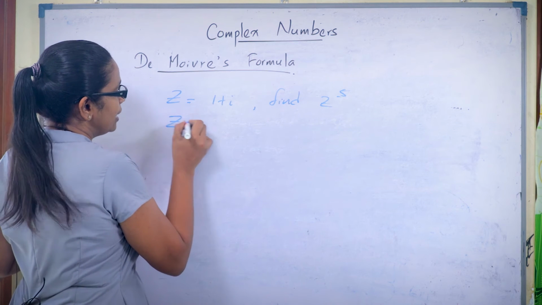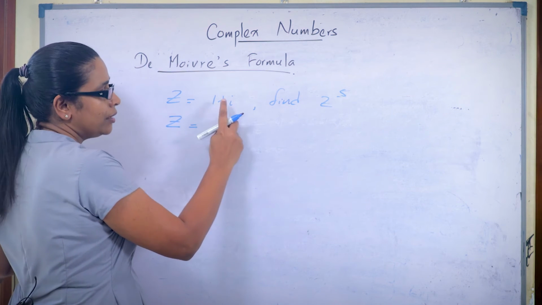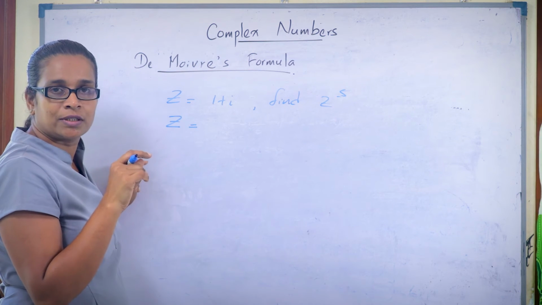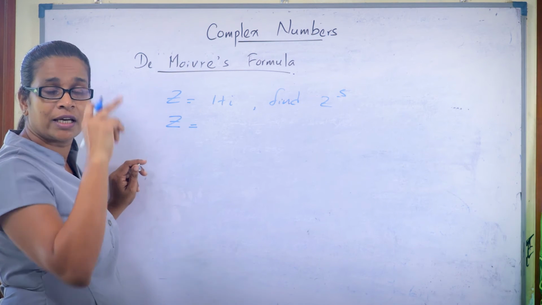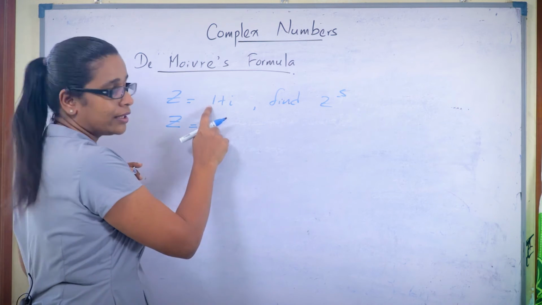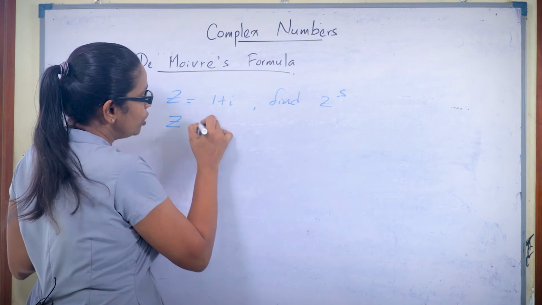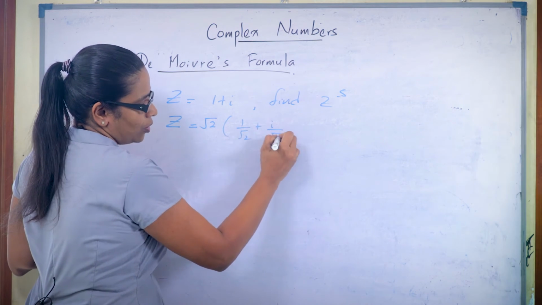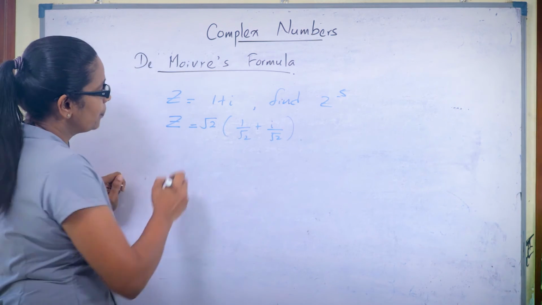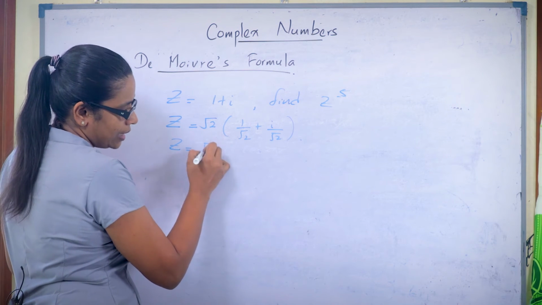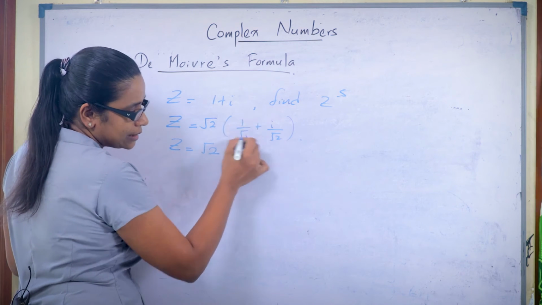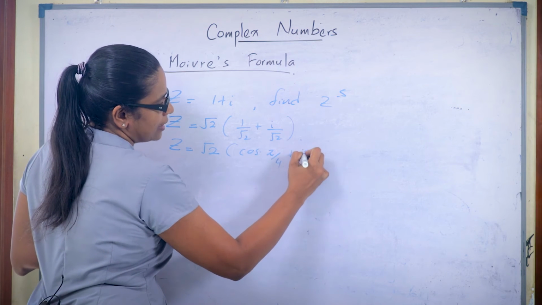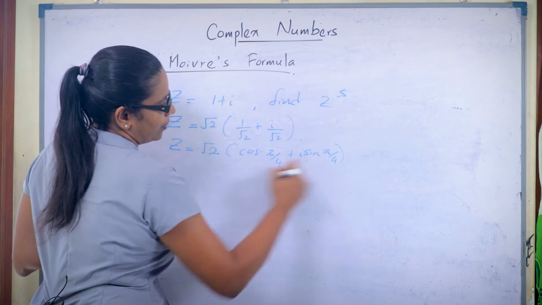So here x is 1, y value also 1. So 1 squared plus 1 squared. You have to consider x squared plus y squared and take the root of it for finding the modulus. So root 2 times (1 over root 2 plus i over root 2). So instead you can write root 2 times (cos π/4 plus i sin π/4).